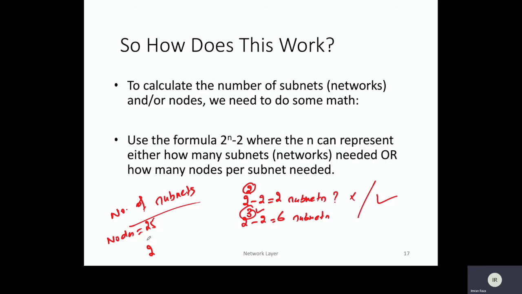How many bits are left? Yes, 5. So 2 raised to power 5 minus 2 is 30. So we are good to go. Borrowing 3 bits, we can create 6 subnets, and we require 5. With 5 bits in the host portion, we can assign IP addresses to 30 machines in each of these 5 subnets.